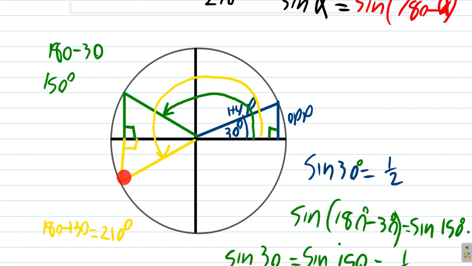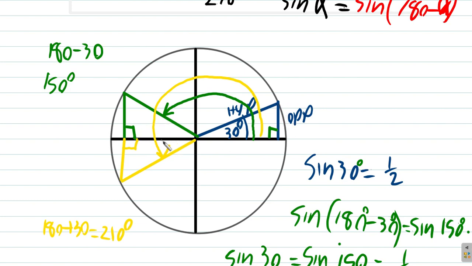Oh, you notice something? When we draw the opposite and measure it, it goes from 0 upwards in the positive direction. Positive opposite over the hypotenuse. The hypotenuse is always positive. It's the radius of a circle. So the opposite is positive over the positive hypotenuse, which gives you a positive half.